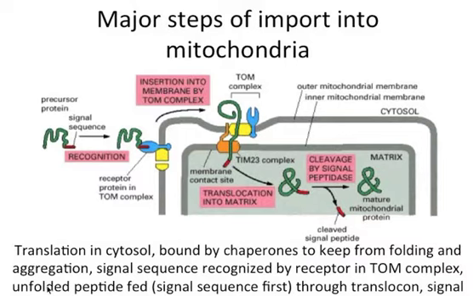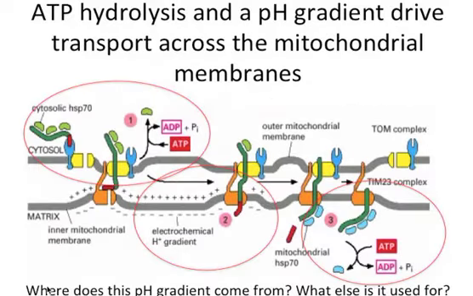Okay. So that's what we just talked about. ATP hydrolysis in the form of HSP70 bound ATP, and a pH gradient on the inner membrane of the mitochondria, that's what drives transport across the mitochondrial membrane.